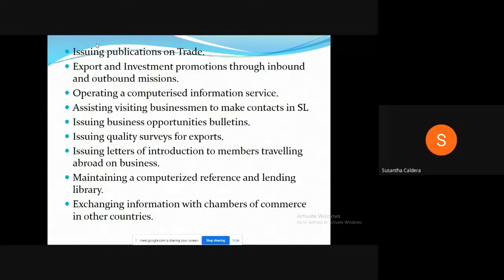Right. Now I have finished basic EDB. Entrepot trade, yes. Counter trade, yes.